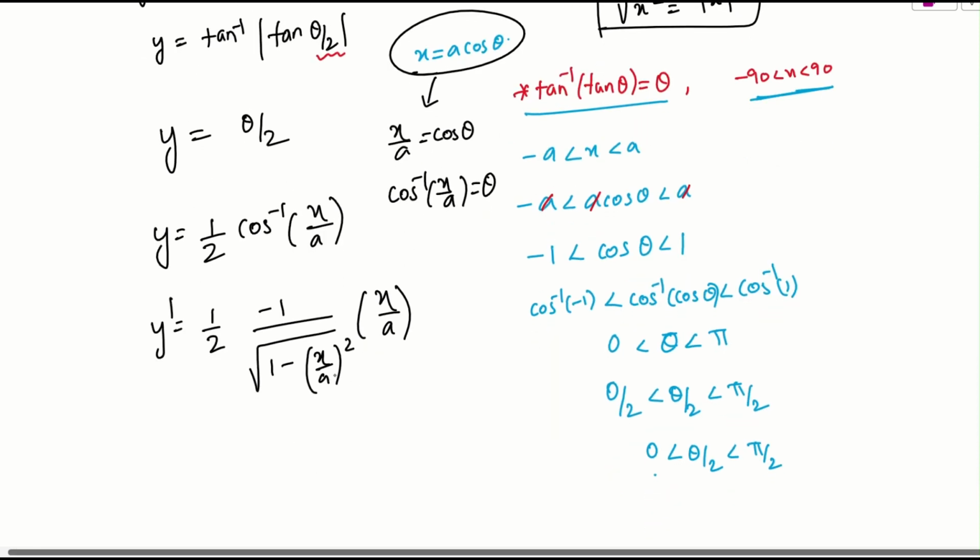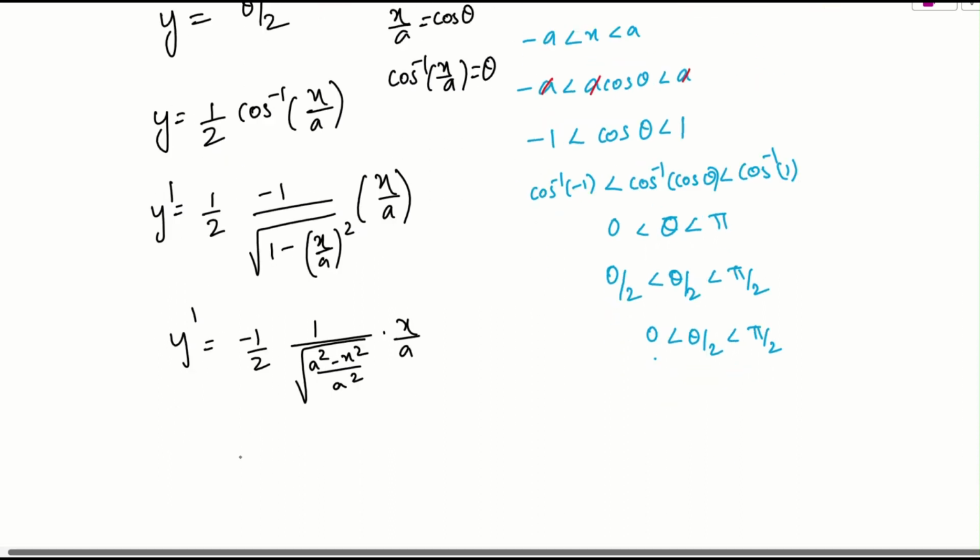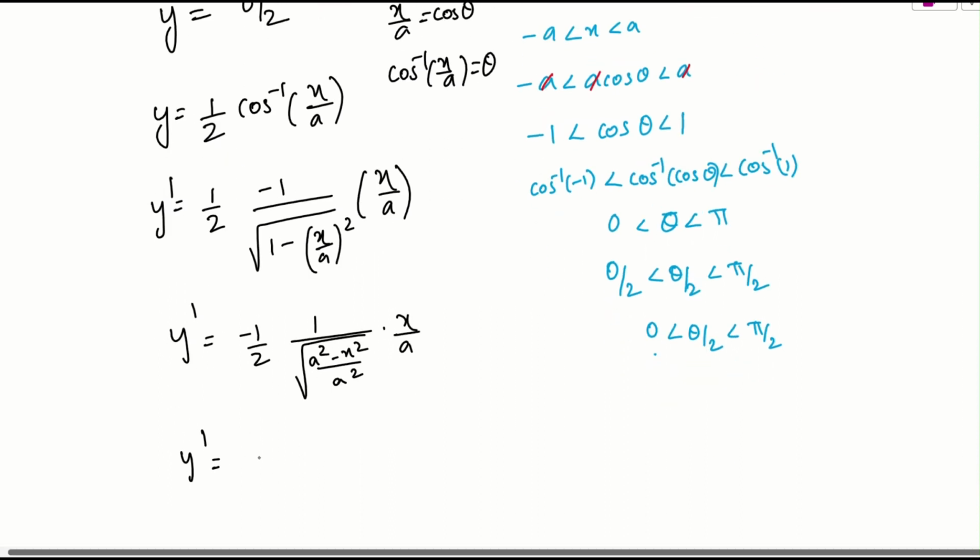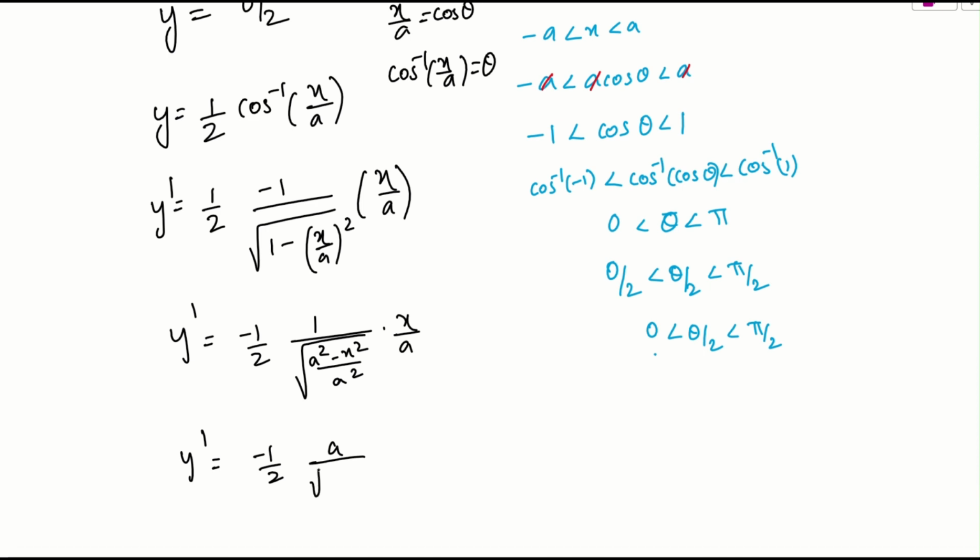Any doubts up to here? From this I can conclude that y dash is minus 1 by 2 into 1 by, take an LCM, a square minus x square by a square, and x by a kept as it is. If I take it out, a will be cancelled and a will be sent to the numerator, which is a by root of a square minus x square into x by a.